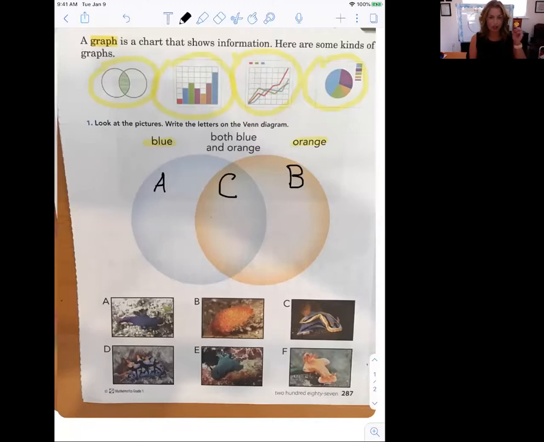Good. Okay, you try to do D, E, and F and come back to me. Pause your video and then come back to see if you got the same answer. Go ahead and put D, the letter D, and whether it goes in the blue, the orange, or both. And then do E and F and come back when you're finished.